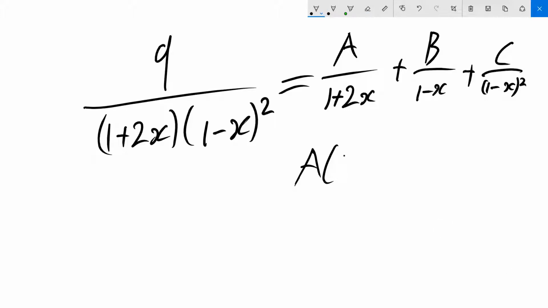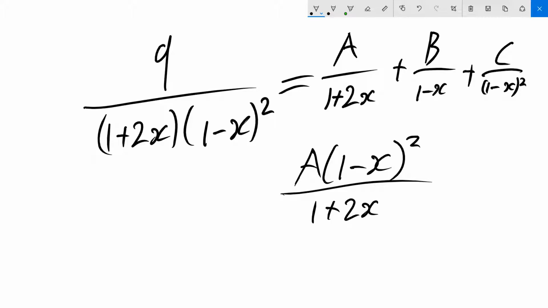So we get A lots of 1 minus x squared divided by 1 plus 2x lots of 1 minus x squared. But we want to make this all on one denominator, and we don't need to write what the denominator is each and every time. So I'm going to start equating the numerators right away.